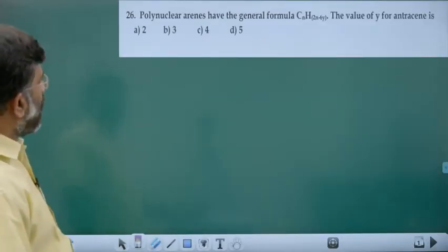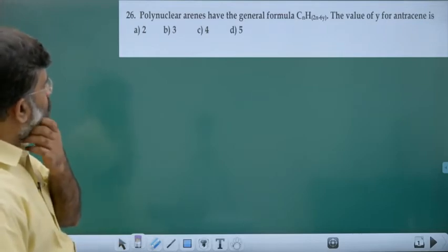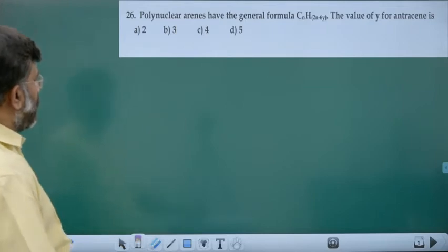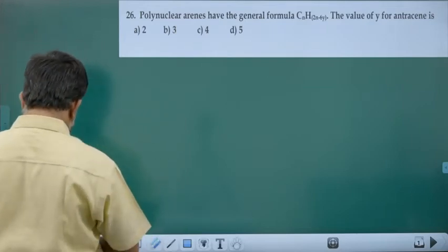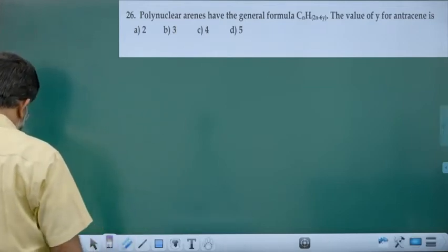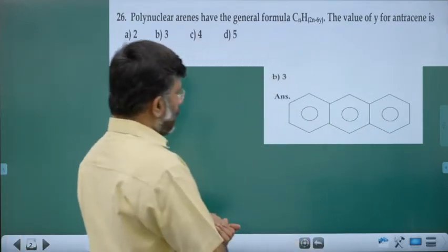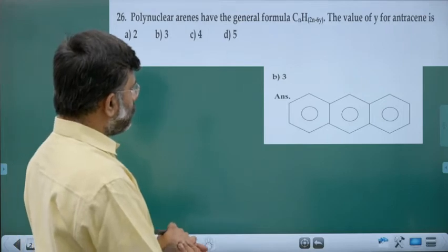Polynuclear arenes have the general formula CnH2n plus Y. The value of Y for anthracene is... this is anthracene. You see the anthracene structure.